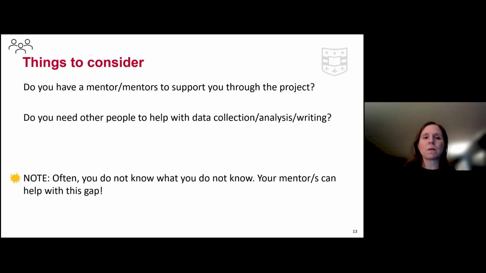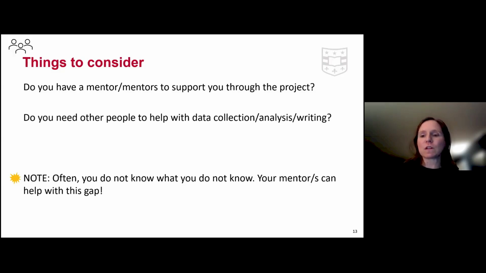But it is really important to have a mentor to support you during a project. And as I have in this note at the bottom, you don't know what you don't know. You can save yourself a lot of trial and error and regret by having somebody to help you as you're walking through a project.